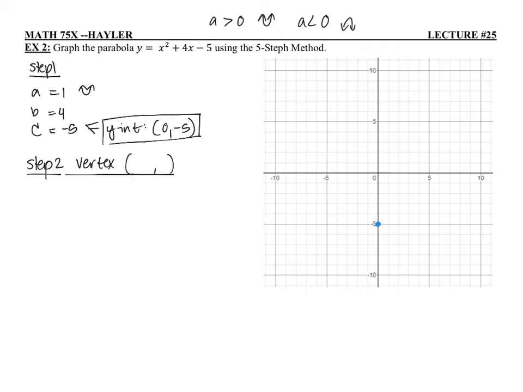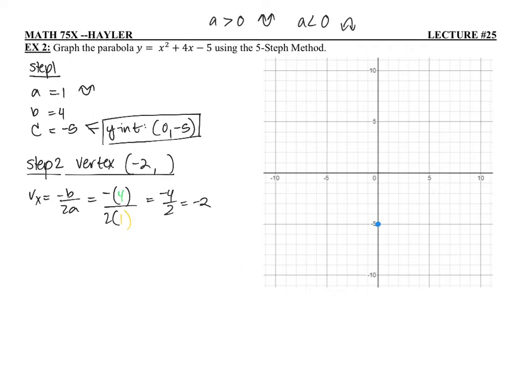For the vertex, v sub x, remember we have our formula, negative b over 2a. My b value was 4, and my a value is 1. That's going to be negative 4 over 2, which is going to equal negative 2.